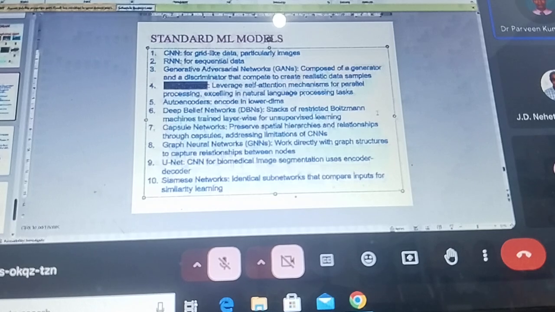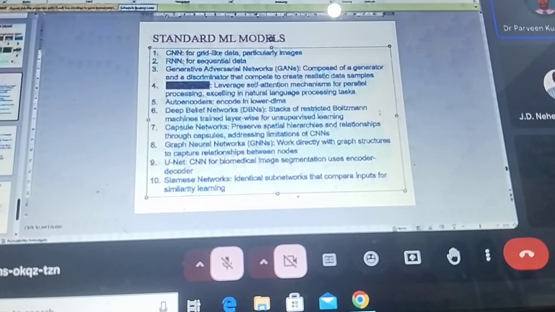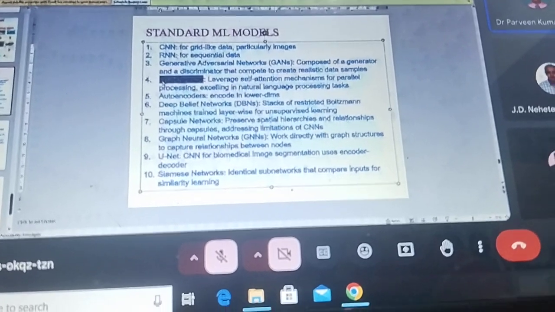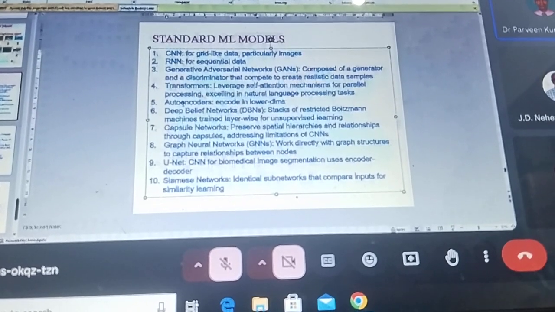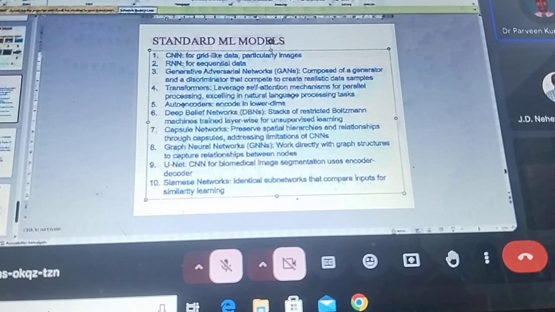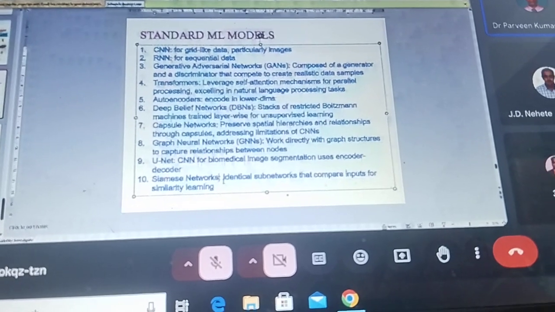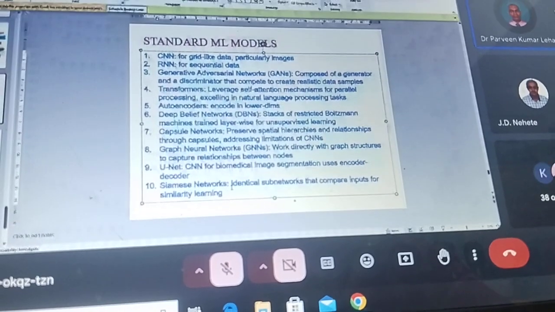So for the recent models developed for large language model applications, we can use transformers, then autoencoders, then deep networks, capsule networks, graph neural networks, UNet, and Siamese networks. These are the standard names these days which are generally used for, let's say, computer vision.